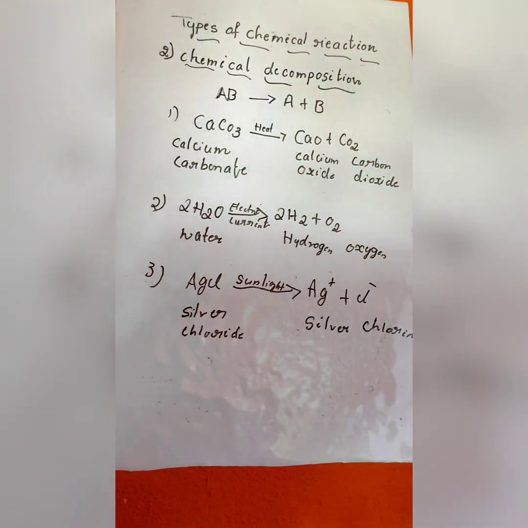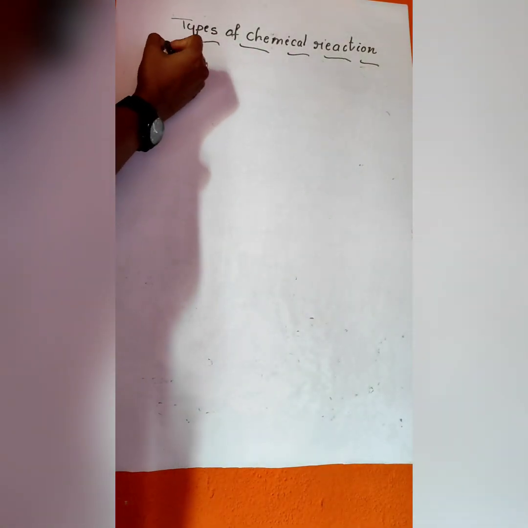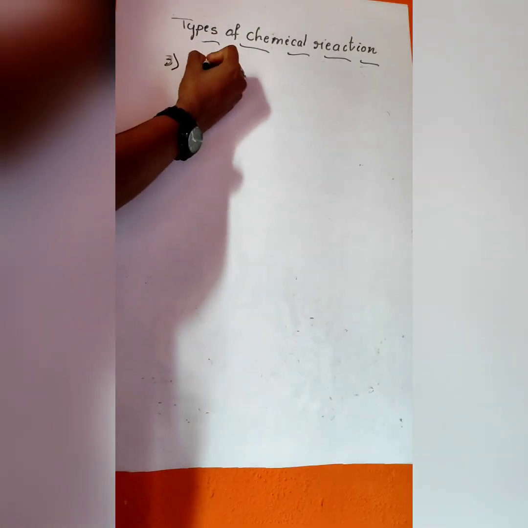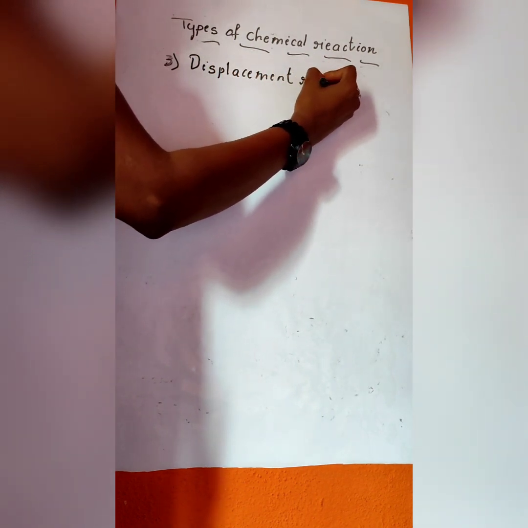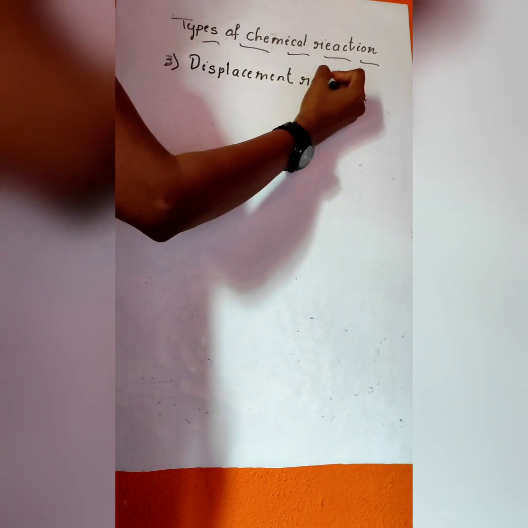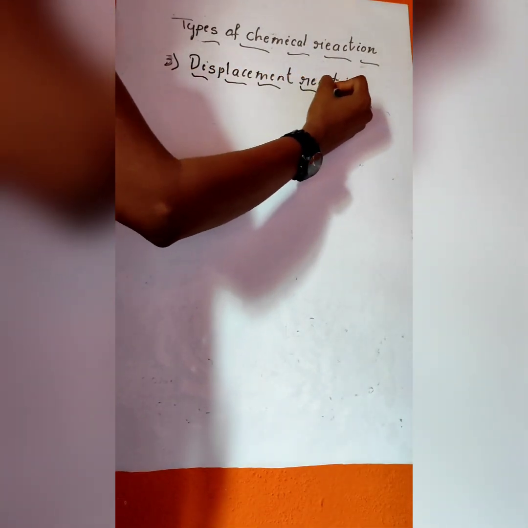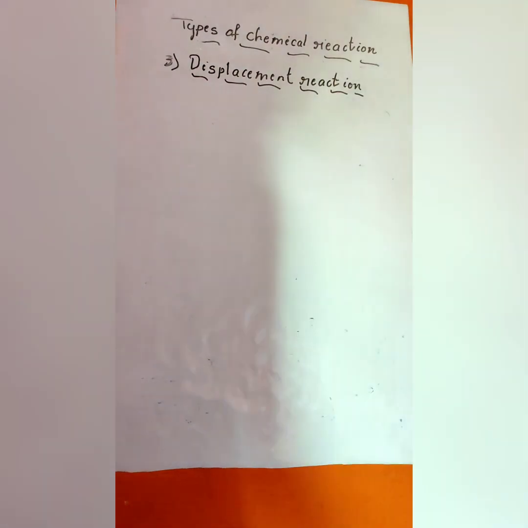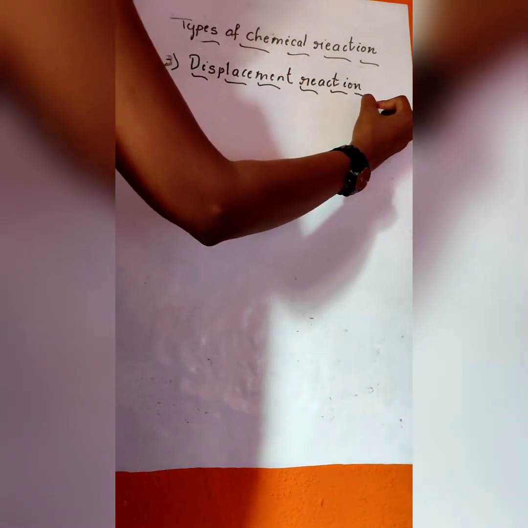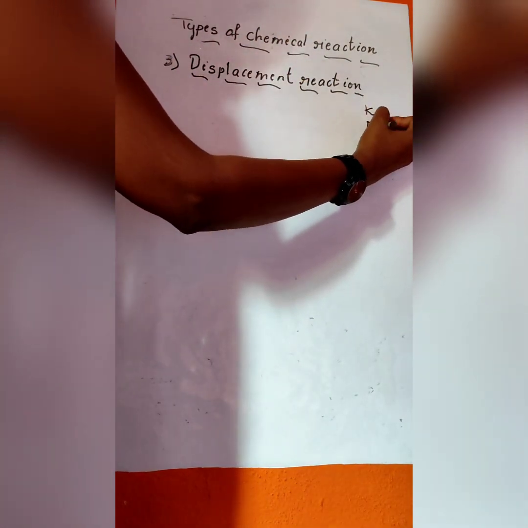Next, we'll move on to the third type of chemical reaction, that is displacement reaction. Displacement reaction means a highly reactive metal displaces a less reactive metal.